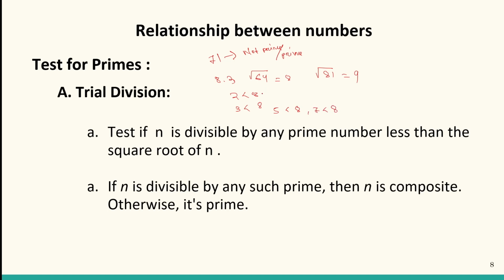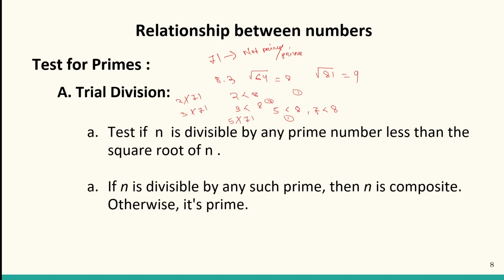So we try to divide 71 by 2. What we are left with is remainder 1. If we divide it by 3, we are left with a remainder of 2. So 2 does not divide 71, and 3 does not divide 71. Dividing it by 5 leaves a remainder of 1, so 5 does not divide 71.